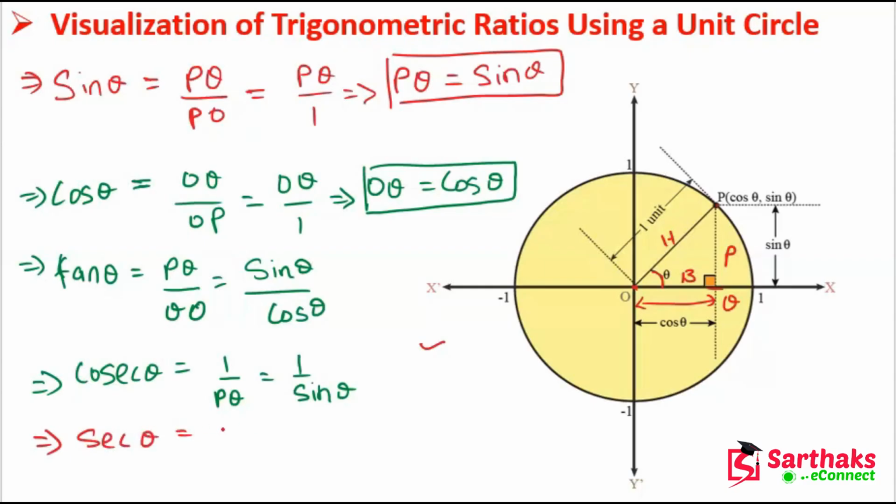Sec theta is hypotenuse upon base, which means 1 upon OQ, which equals 1 upon cos theta. Now what is cot theta? Cot theta is base upon perpendicular, which means OQ upon PQ, that is cos theta upon sin theta.